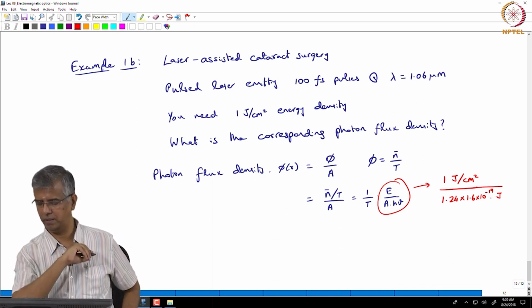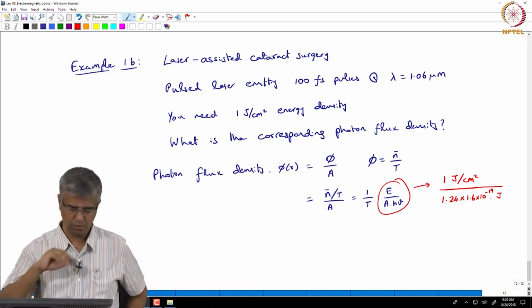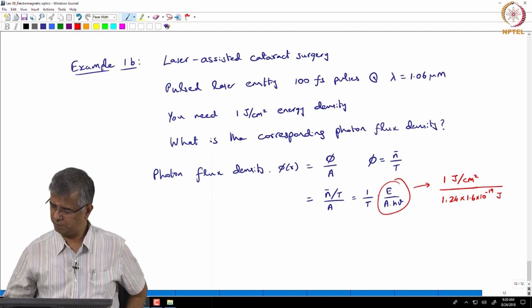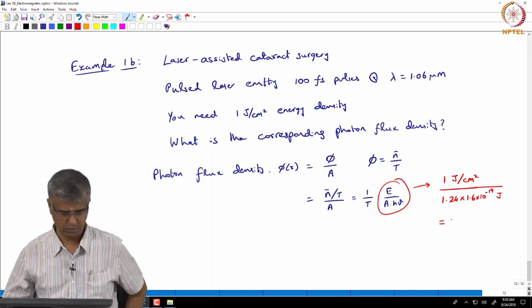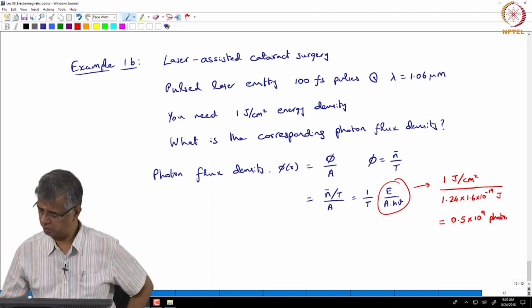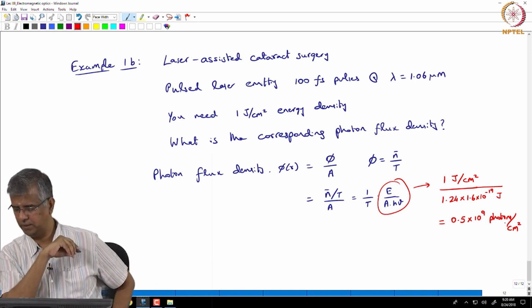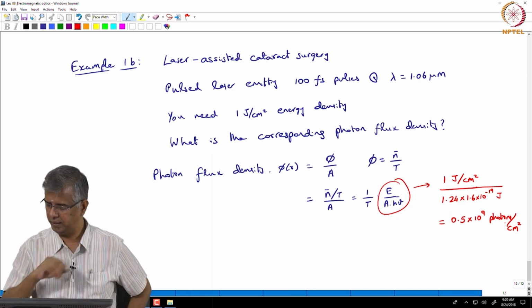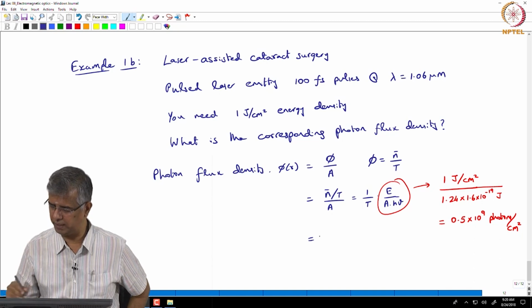So that will be in joules. So if you do the math, you will probably get something in the order of 0.5 into 10 power 19, and this will be in terms of photons per centimeter square, right.